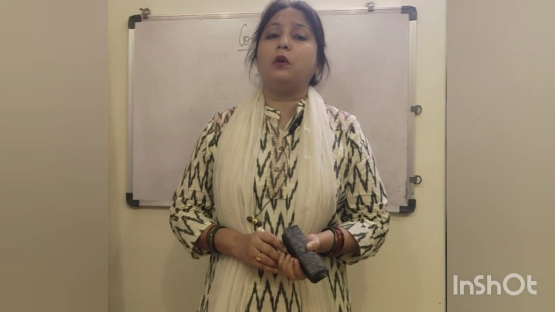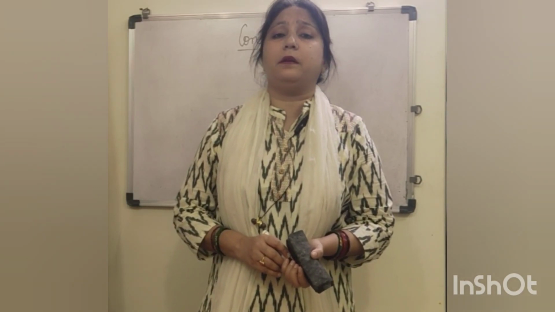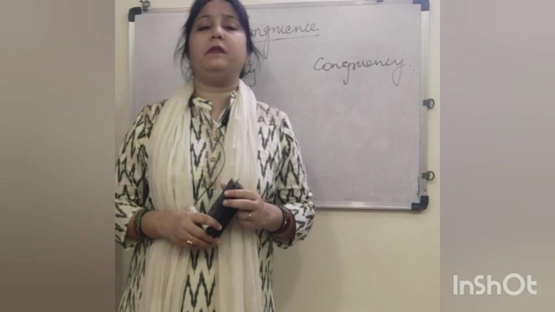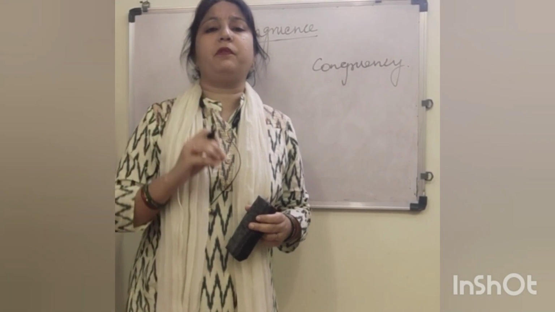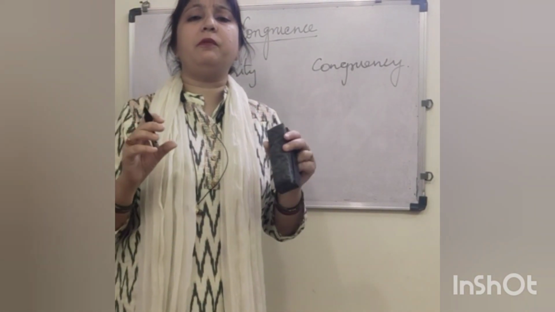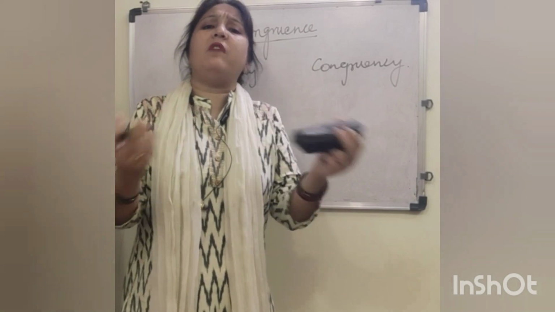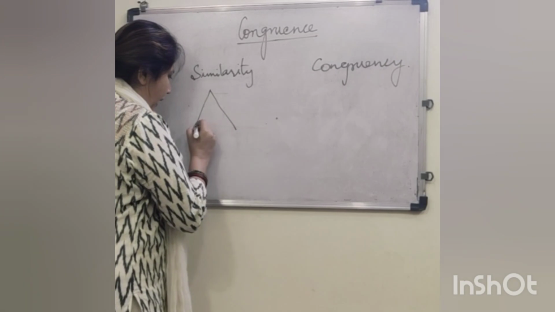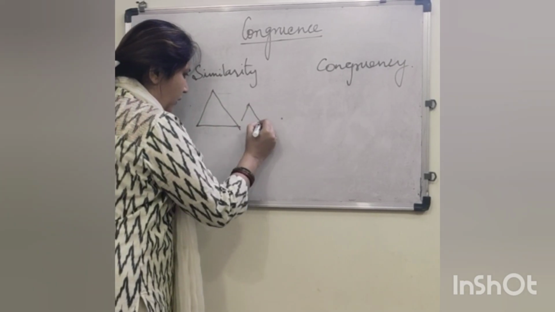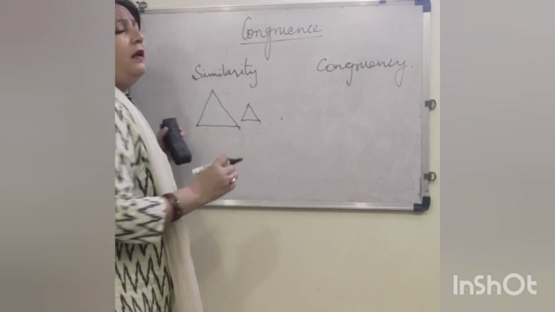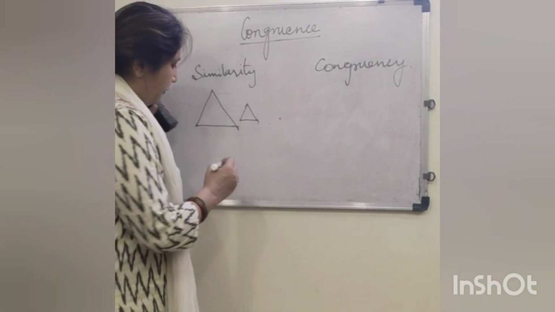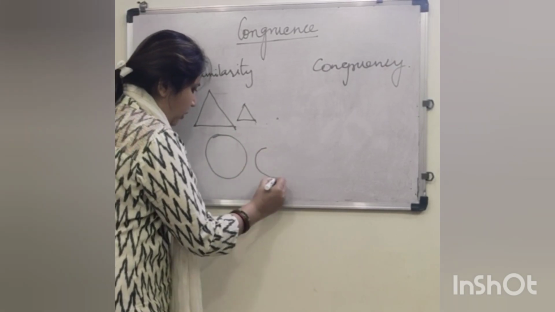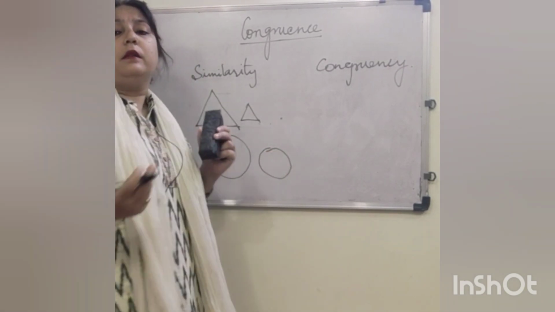So today I am taking the session of congruence, and first of all I would like to show you the difference between congruency and similarity. Similar shapes are the two shapes which look the same. Like if you draw this triangle and a very small triangle, these two are similar figures. If you draw a large circle and then a small one next to it, they are similar shapes.